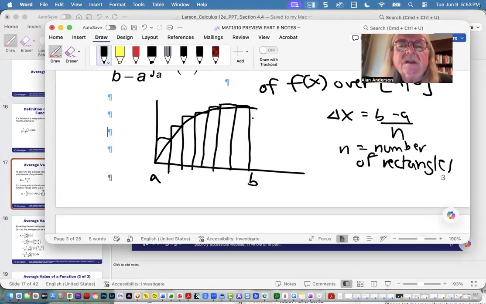So if we assume that it's the right endpoint here, each one of these, the height would be, all right, so this is actually rectangle number 1, 2, 3, 4, 5, 6, 7. So it would actually be C7. And each one of these, as you can see, has the same base, but a different height.